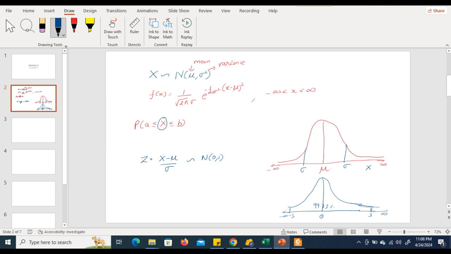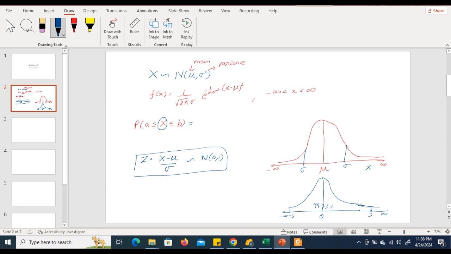The important point is that if we want to calculate the probability of the random variable x in the interval a to b, the first step is to transform x to a standard normal variate z, because we can calculate this probability with the help of the standard normal table. So how can we transform it?